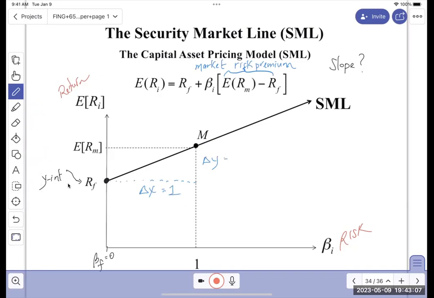And what's the change in Y? Again, going from the risk-free rate to the market portfolio, what's the change?